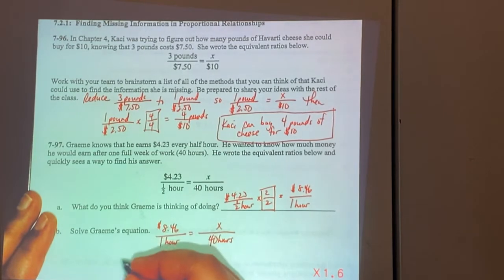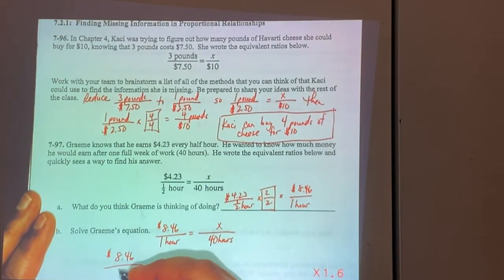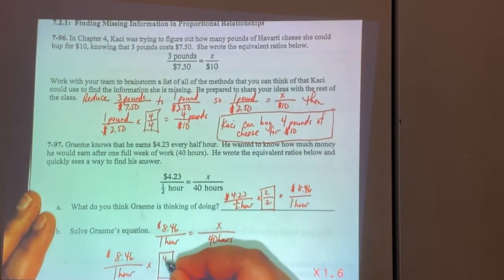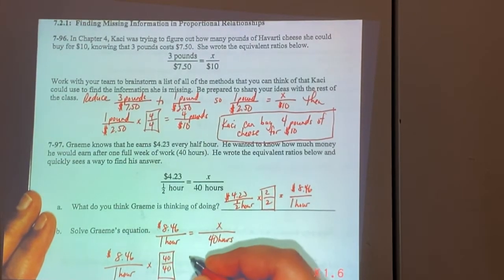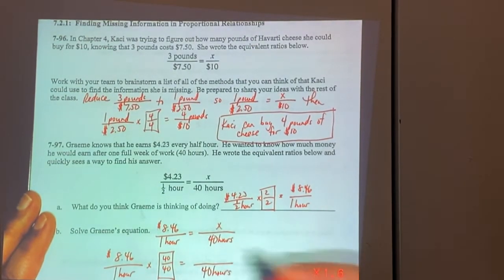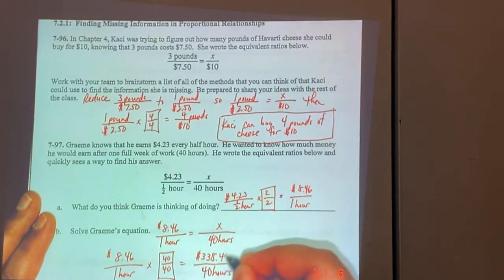So then you take $8.46 in 1 hour. We're going to multiply the top and the bottom by 40 over 40. And then you will see that in 40 hours for a whole week's worth of work, he will make $338.40.